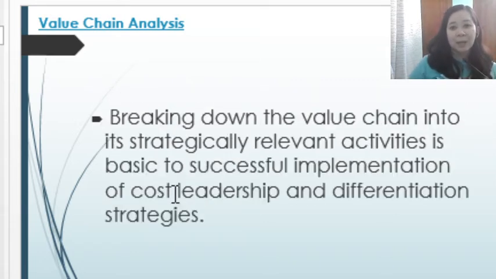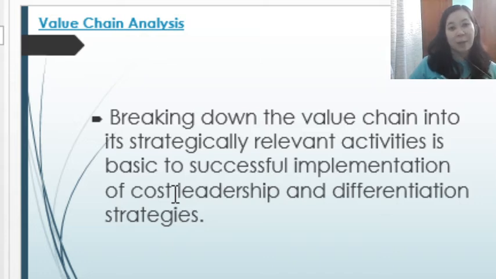So if we break down the value chain into these strategically relevant activities, it is basic to successfully implementing cost leadership and differentiation strategies. First of all, we identify the cost drivers.